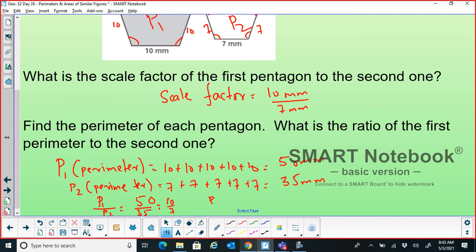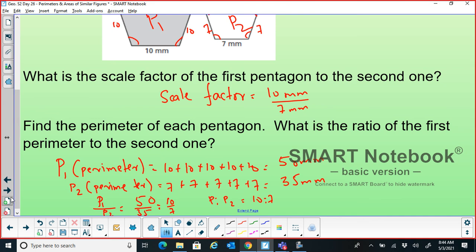So the ratio P1 is to P2 equals 10 is to 7, which is the same as the scale factor we have. So the scale factor is the same as the ratio of their perimeters. That's what we are seeing here.